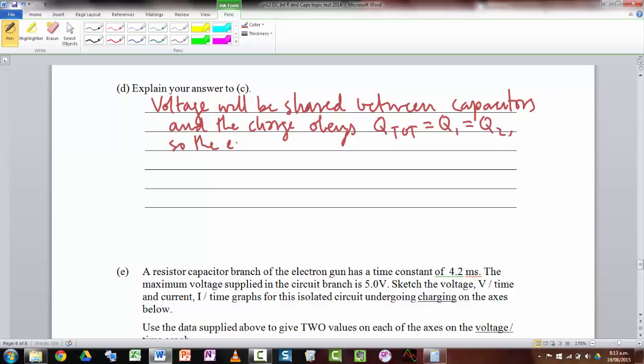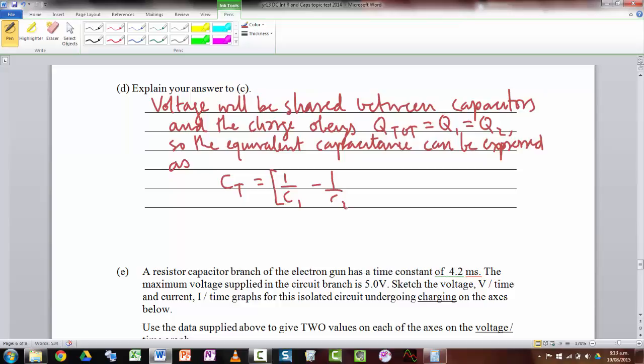So the equivalent capacitance can be expressed as C total is equal to 1 over C1 plus 1 over C2, all inverse.